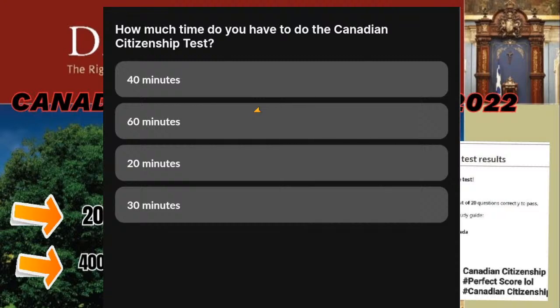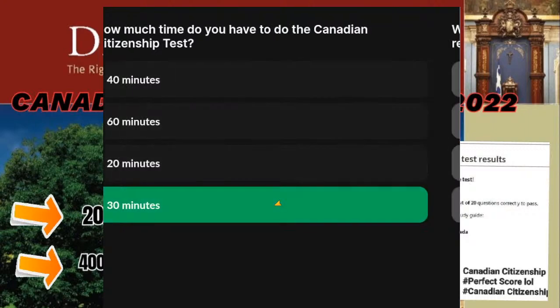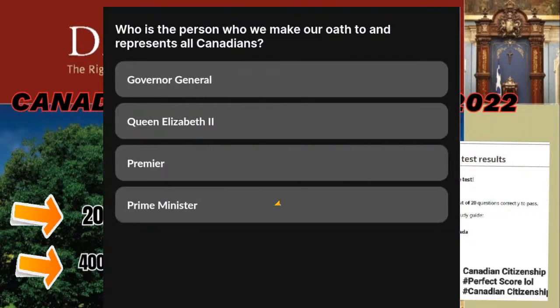Next, how much time do you have to do the Canadian Citizenship Test? It's 40 minutes, 60 minutes, 20 minutes, or 30 minutes. And the answer is 30 minutes. Next, who is the person who we make our oath to and represent all Canadians? It is the Governor General, Queen Elizabeth II, Le Premier, or the Prime Minister.